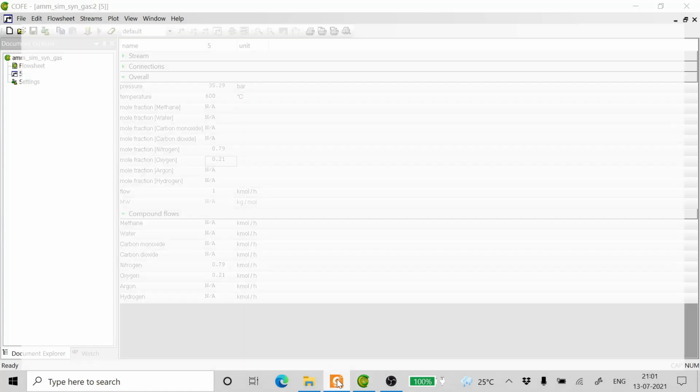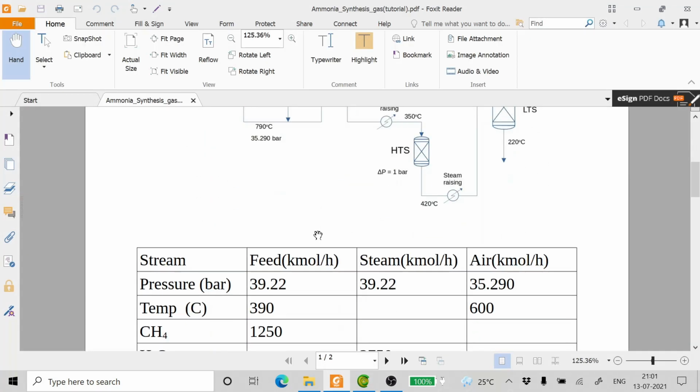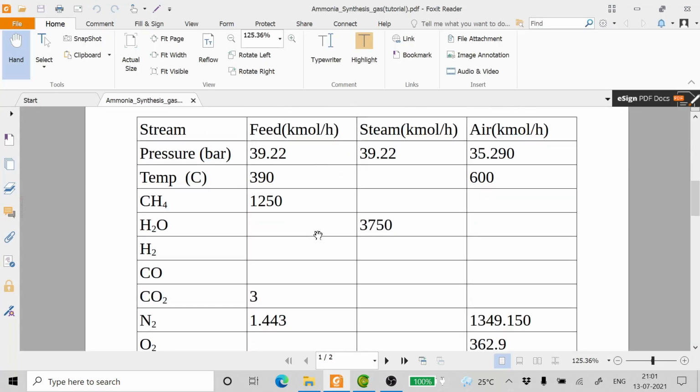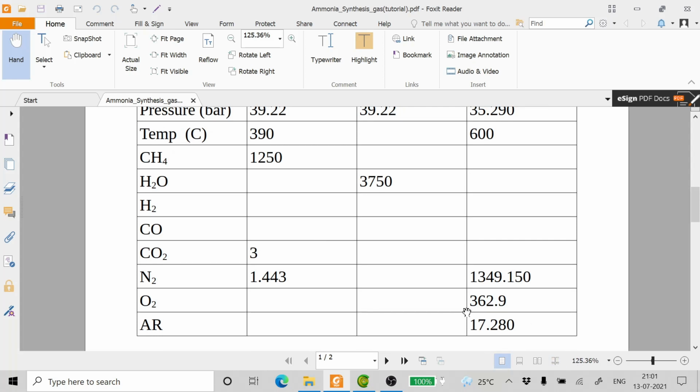After that, we just make a note. There's argon also entering in. So what we do here is, we enter the flow rates.